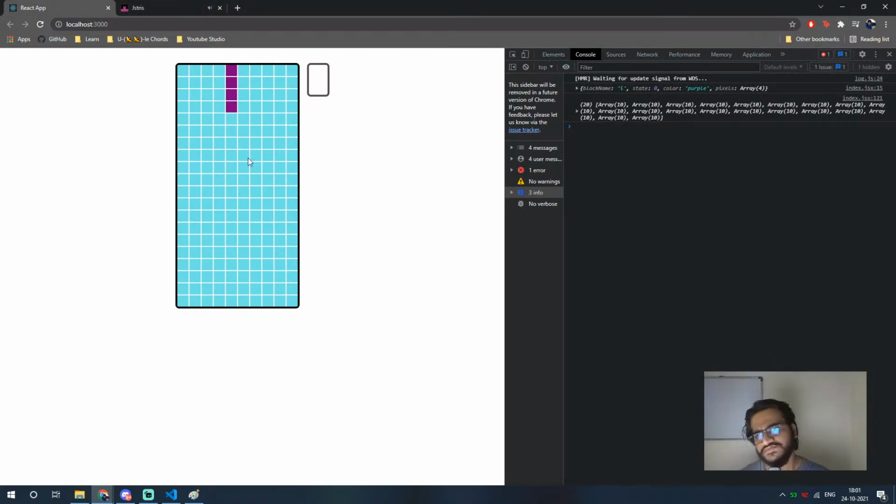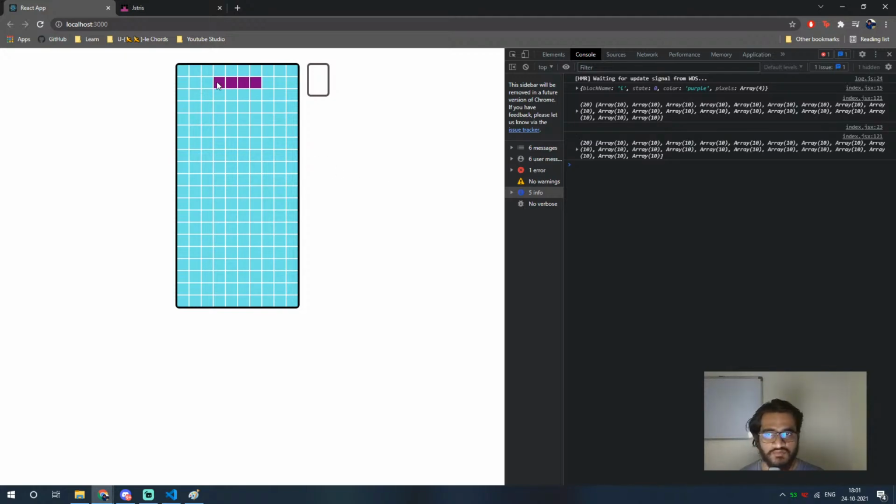Let me just reload it and show you. The first rotation goes from vertical to horizontal. Then the second rotation goes here and these two go there, right? So this rotation is correct.